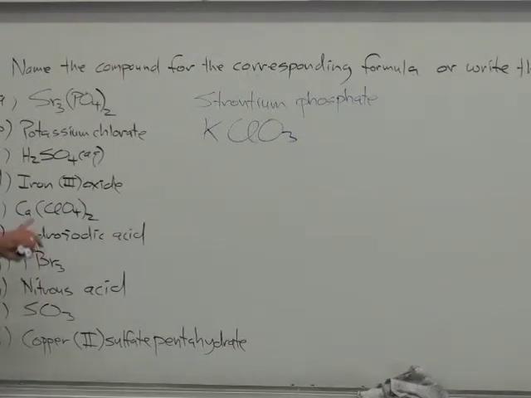It would be hydrogen sulfate, cation, anion. But this molecular anion is the sulfate, not the sulfite. So it's named after the anion, and because it's aqueous, in water, we call it sulfuric acid.